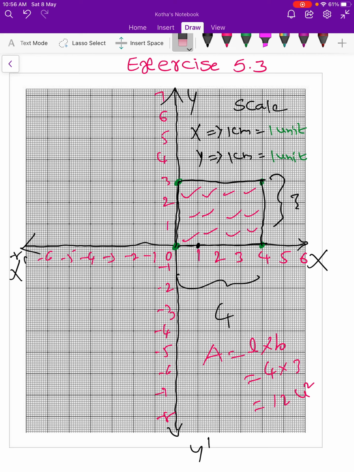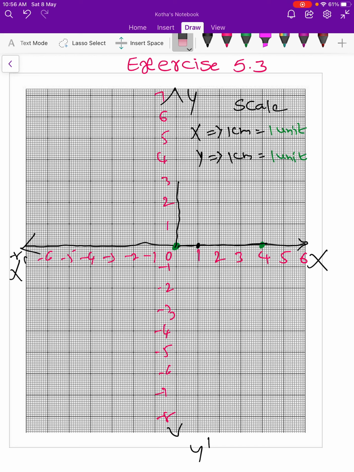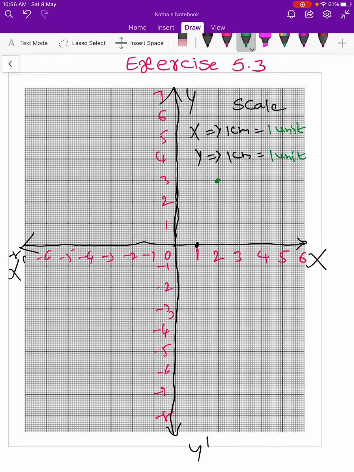Next, let us move to bit number 6. In bit number 6 he asked to plot the points (2, 3), (6, 3), and (4, 7).